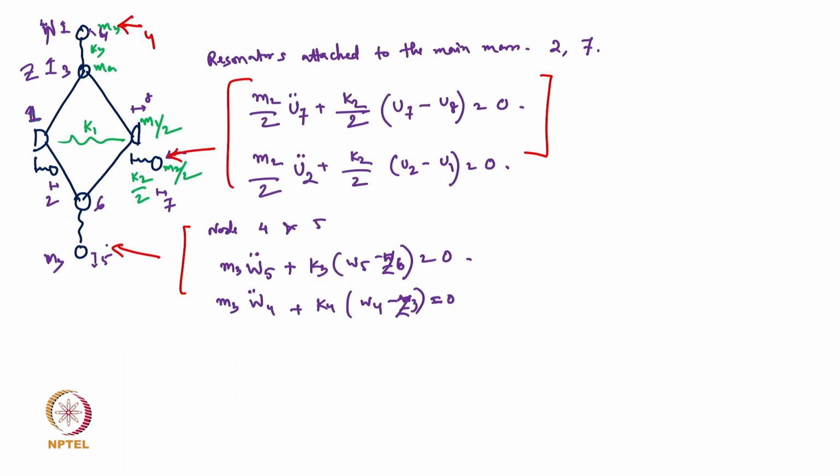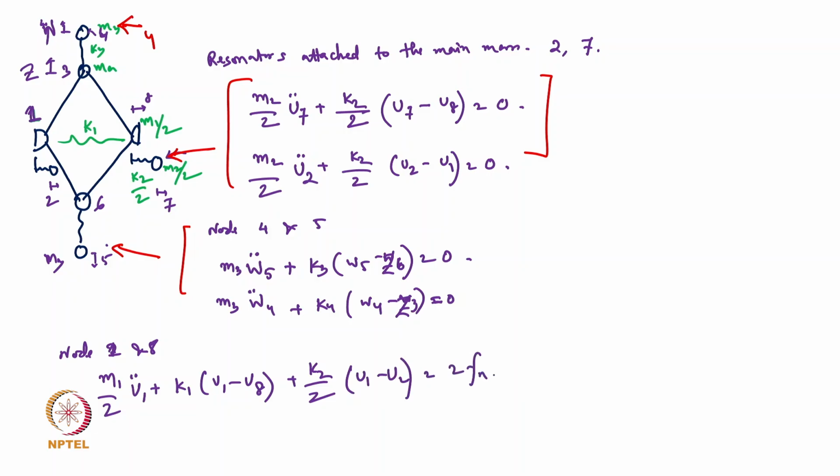Fine. So now, what is node 1 doing? Node 1 and node 8. So M1 by 2 into U1 double dot plus K1 into U1 minus U8, plus K2 by 2 into U1 minus U2, should be equal to 2Fn cos phi.